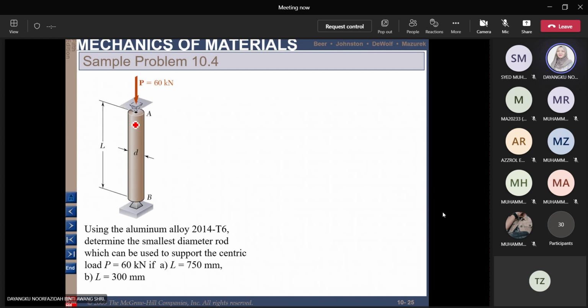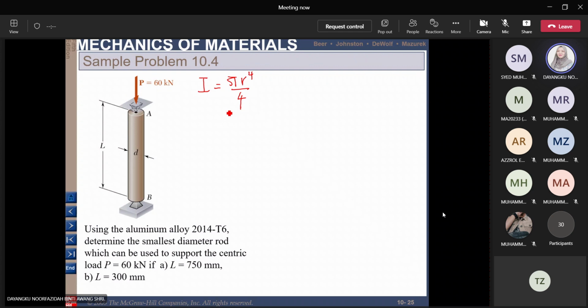So if we have a circular section, a cylinder over here, we can relate the value of radius of gyration with the value of I. Okay, so I is equal to, for the cylinder, pi r to the power of 4 divided by 4.